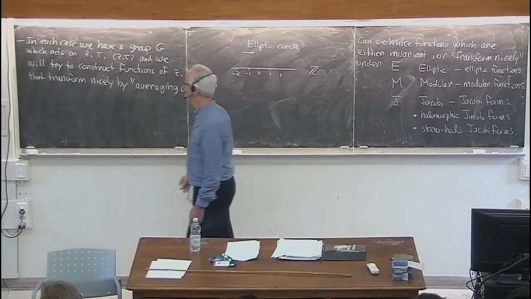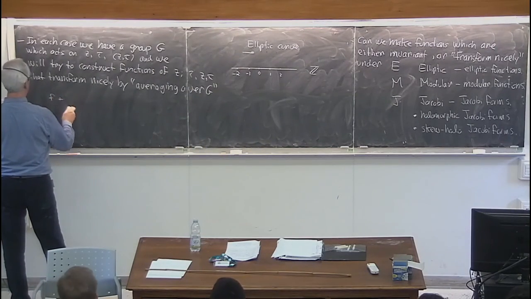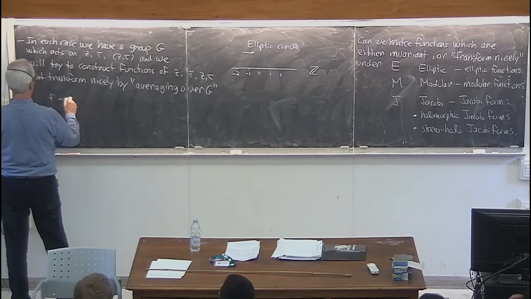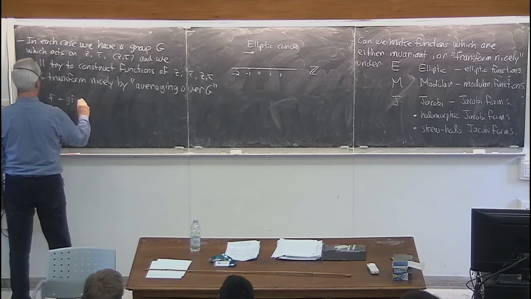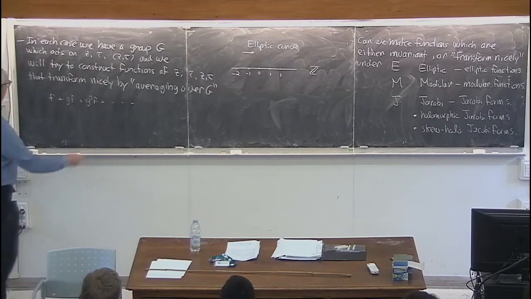So if I take some function and, well, just sort of abstractly, I take f plus gf plus g squared f plus and so on, I average it over all the group elements.